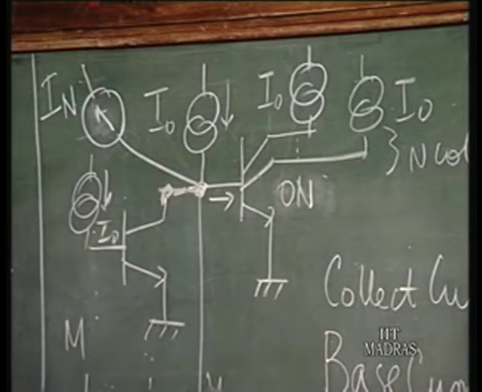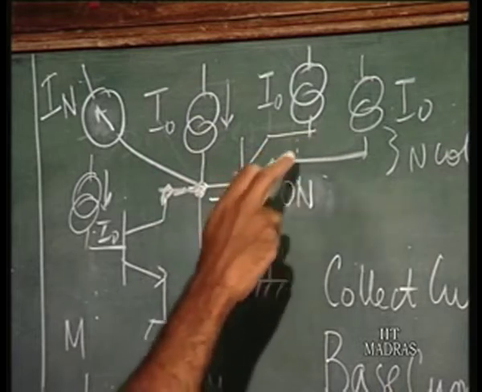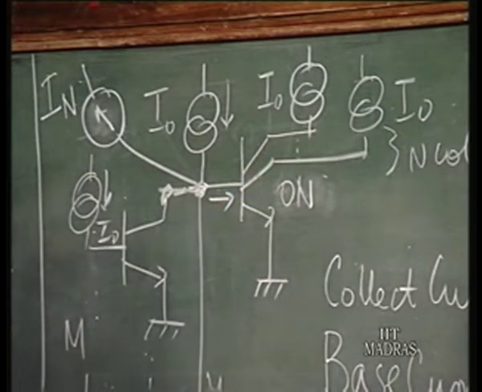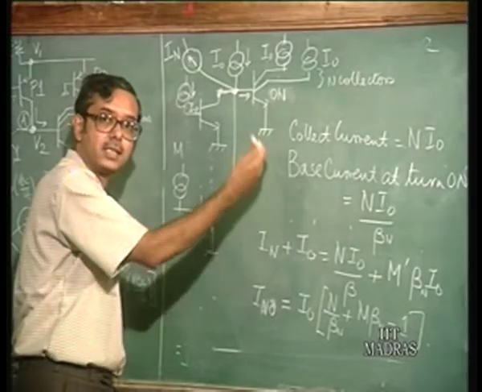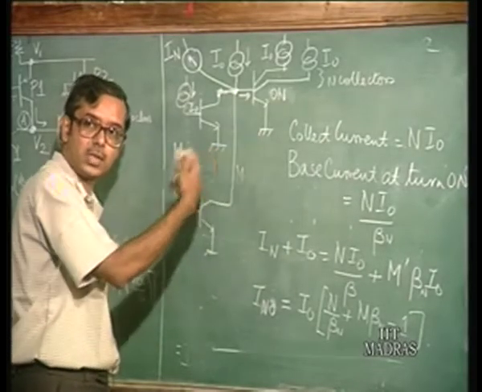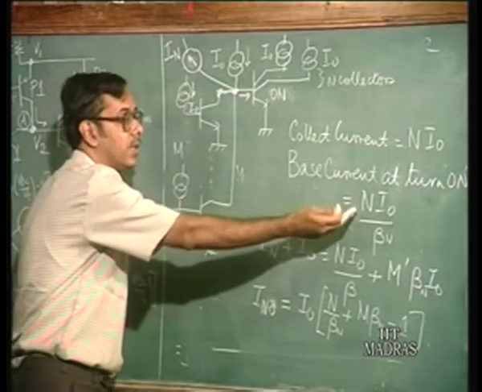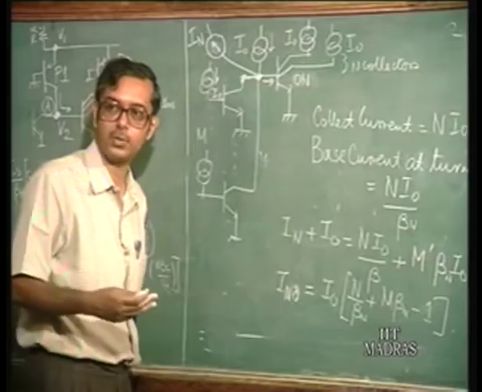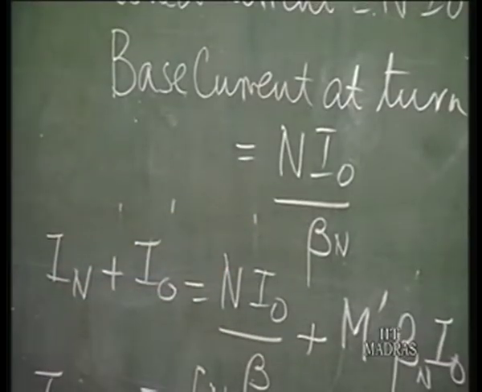Again, here the condition is the base current. We will assume that this transistor goes out of saturation when the base current falls to n I naught by beta n.